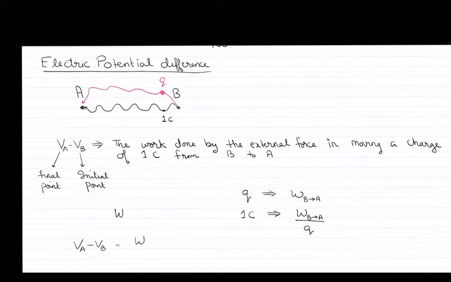It will be W from B to A divided by Q. Charge has to be placed along with its sign.